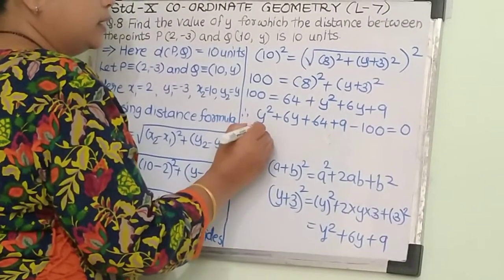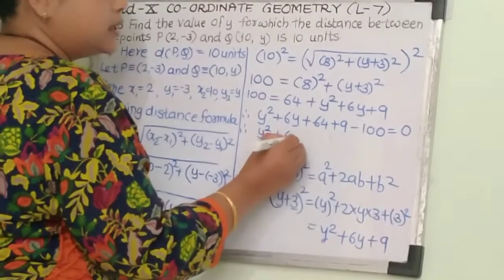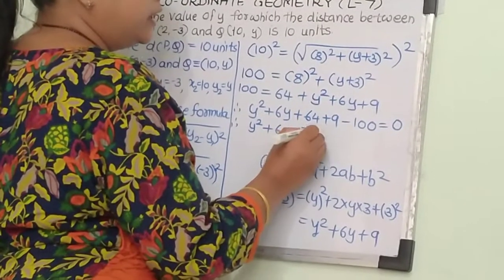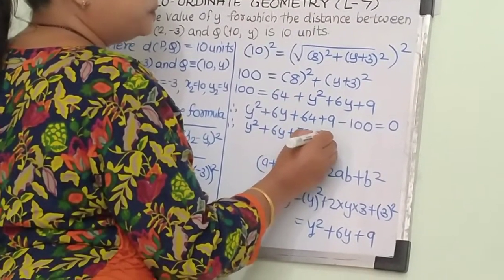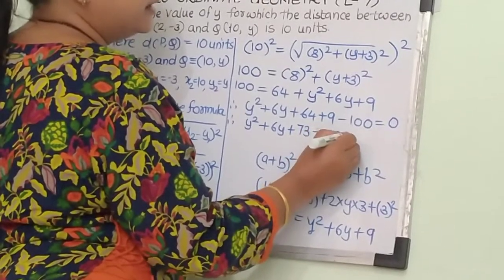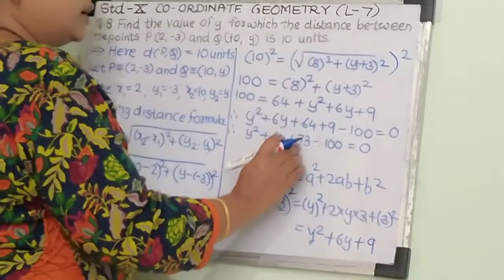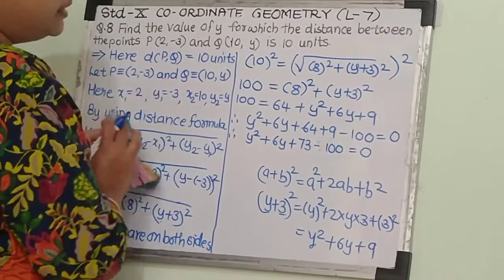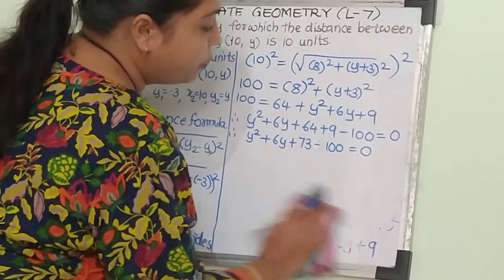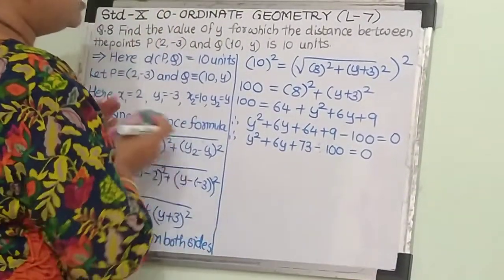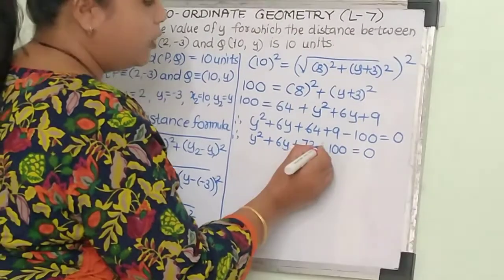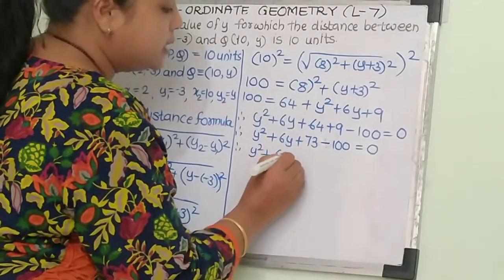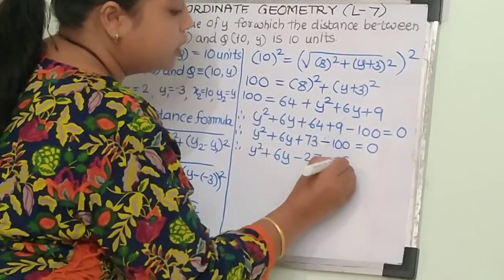So y square plus 6y plus, now 64 plus 9 will be 73, minus 100 equals 0. Again here plus, minus, minus. So 73 minus 100 we get minus 27, because of the sign of the bigger number. So here we get y square plus 6y minus 27 equals 0.